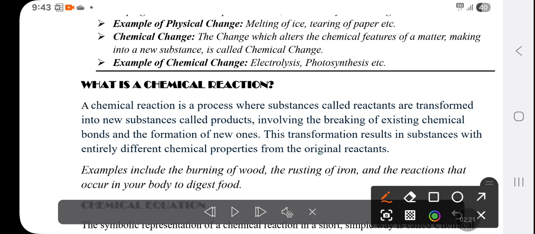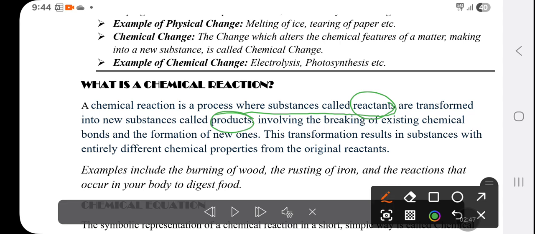First, we have substances called reactants. The substances which are reacting in the chemical reaction are called the reactants, and the new substances that are formed, the final substances, are the products.